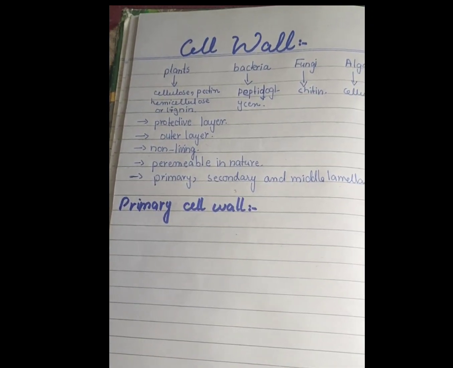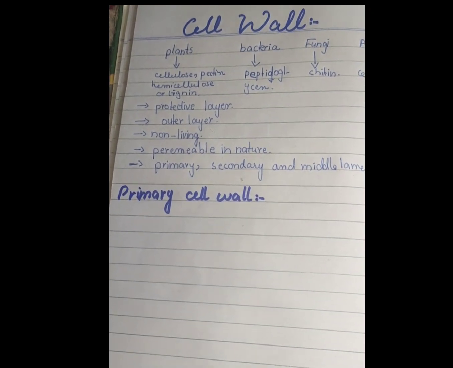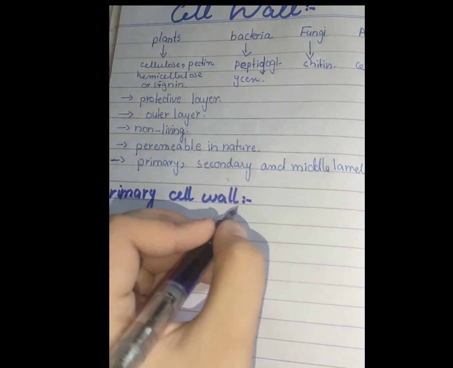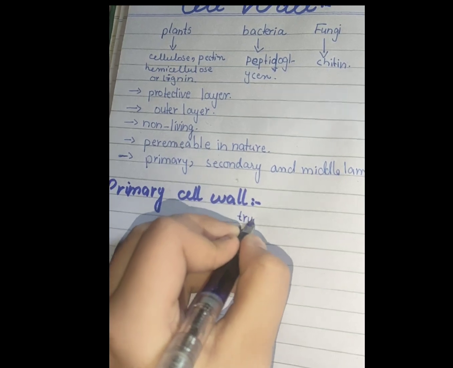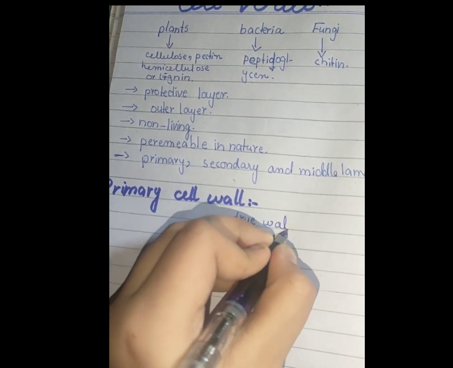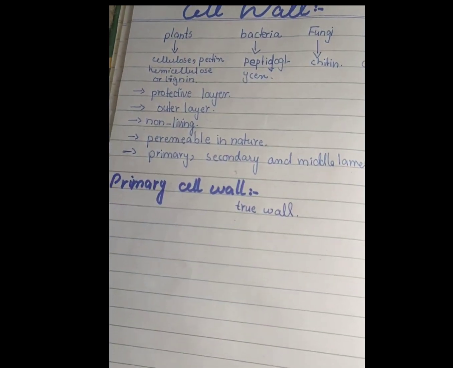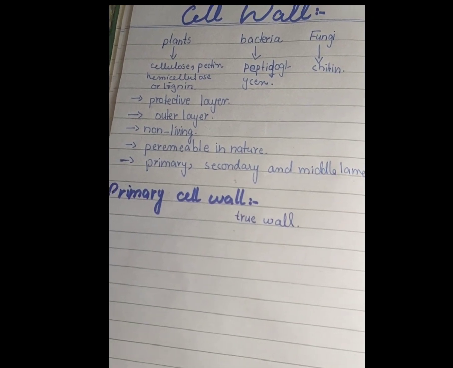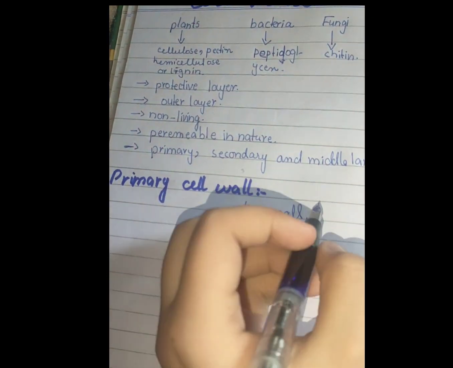Now let me tell you about the primary cell wall. The primary cell wall is also known as the true wall, and it develops in a newly growing cell.